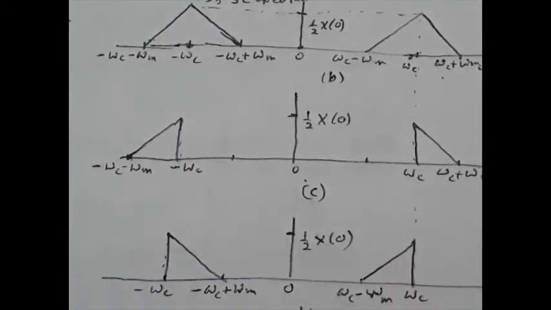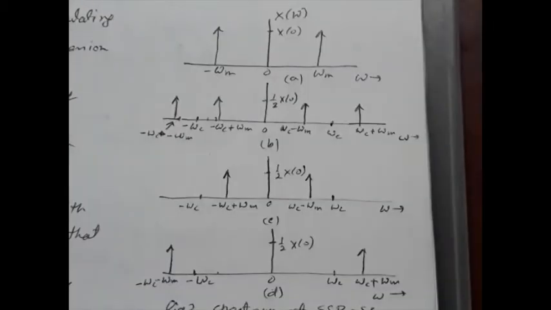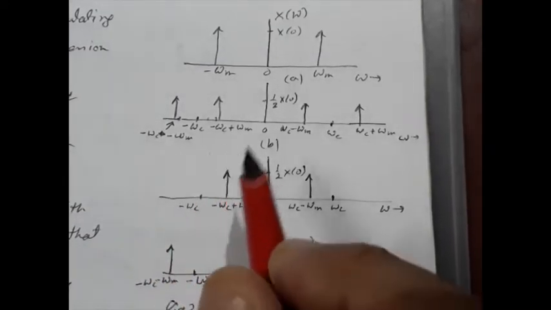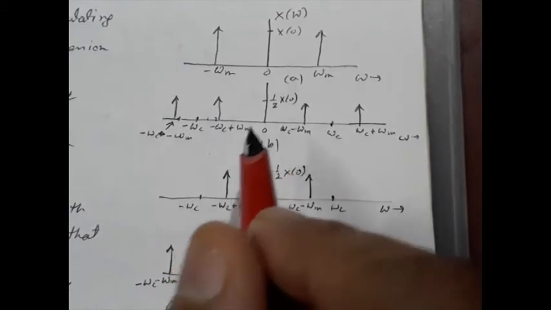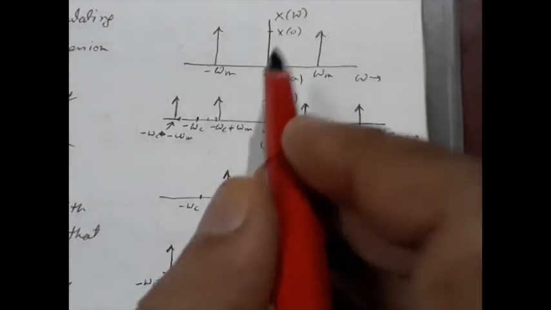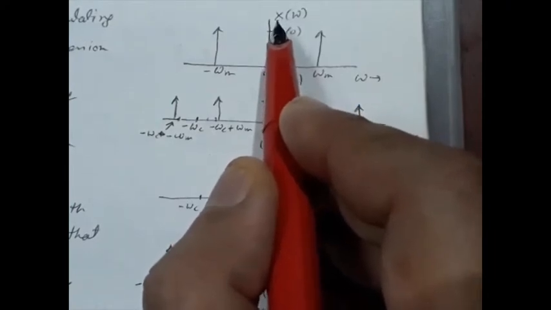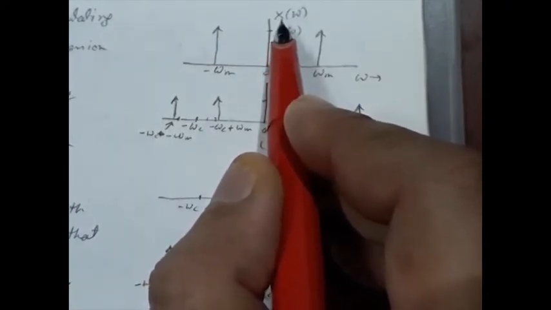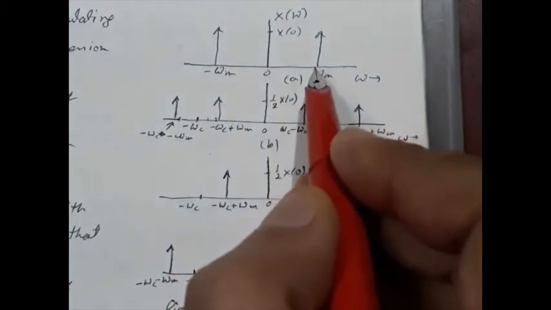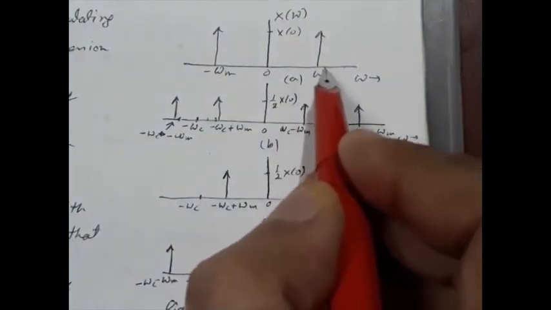Now to understand this SSB-SC properly, we first try to understand single tone SSB-SC. So first, x(t) is assumed to be single tone, that means it contains only one frequency, a sinusoidal wave at frequency omega m.